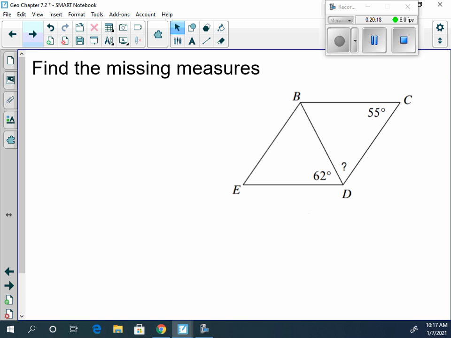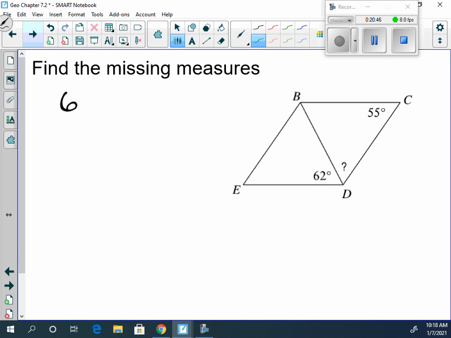All right, we're going to do one more of these. It's very similar to it. Now again, we know that 55, the question mark, and 62 are consecutive angles, so they add together to be 180.